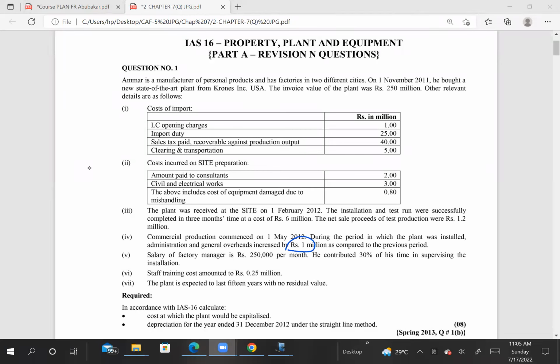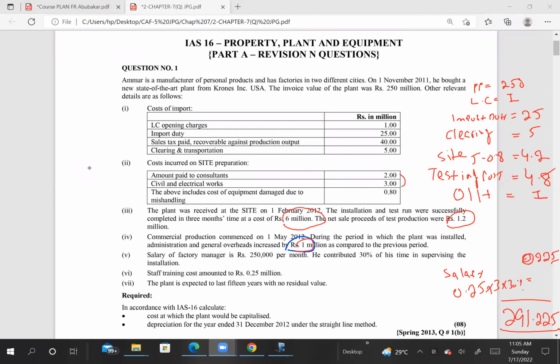It is a site preparation cost. These are the incremental overheads. These are not the general and administrative overheads. These are not centrally allocated. These are the overheads which are incurred on site due to the construction of the asset. Get it?